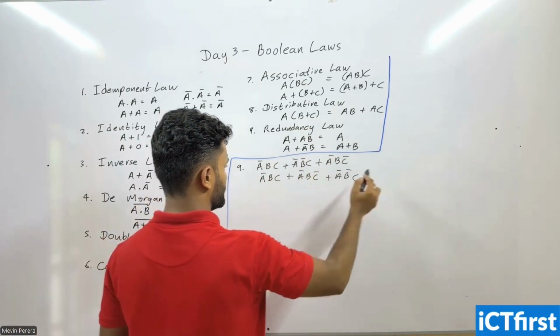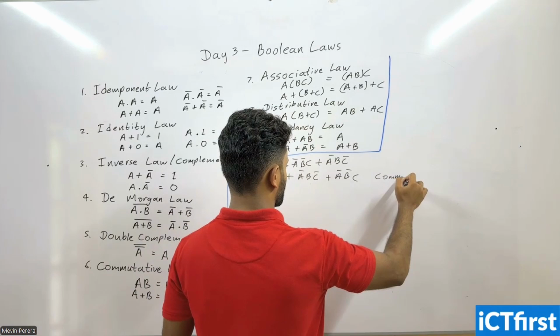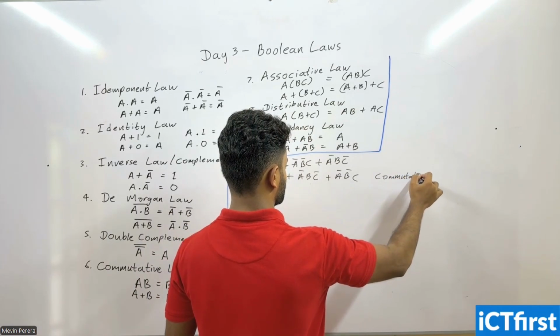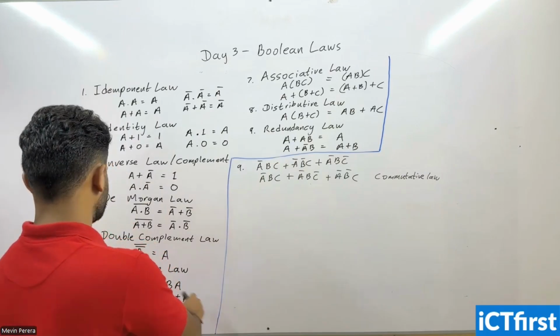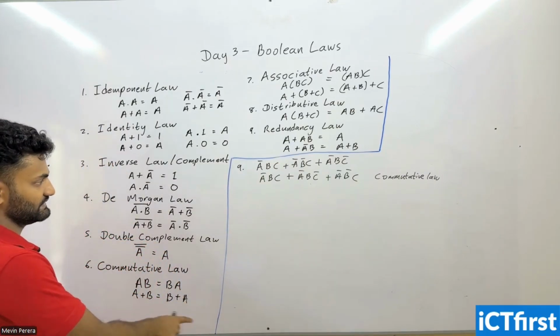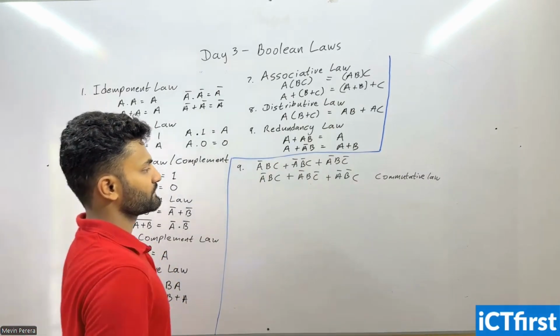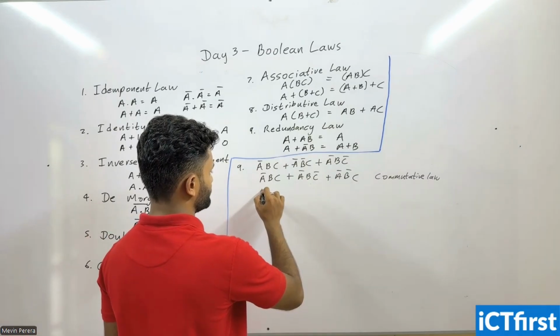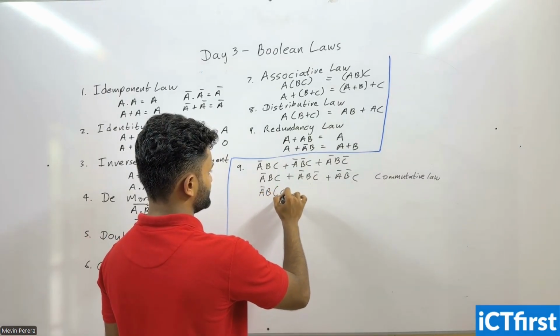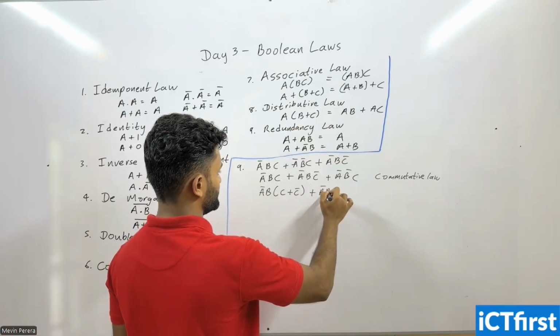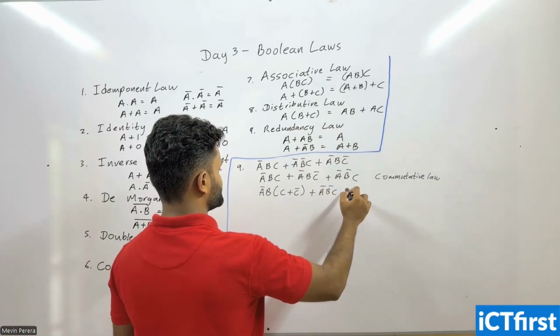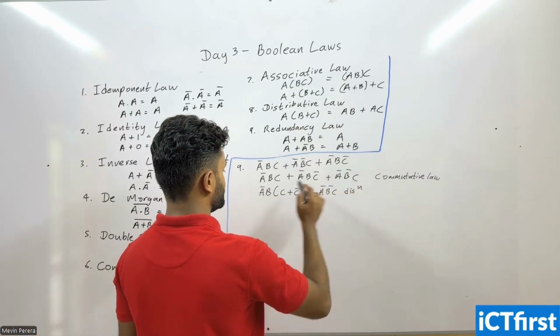So this is called the commutative law, right? Then a bar b is equal to c plus c bar plus a bar b bar c. So this one is the distributive law.